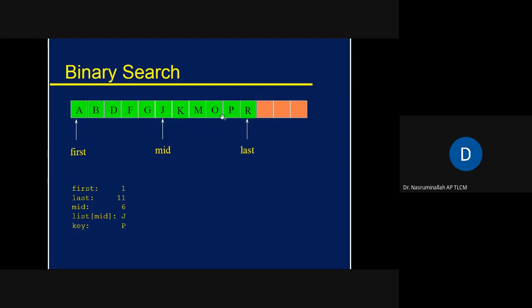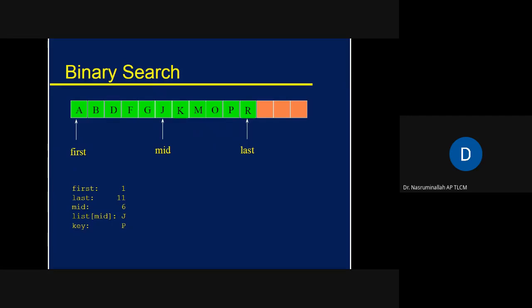Now we have to revise the bounds, and we will move to the right half of this list. As you will see within the next steps as well, using binary search we are subdividing the existing list into two halves, that is the left and right halves.